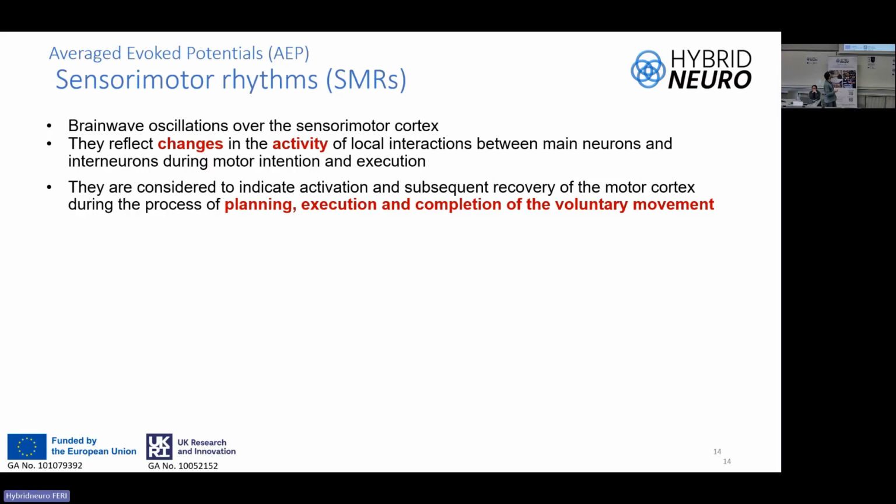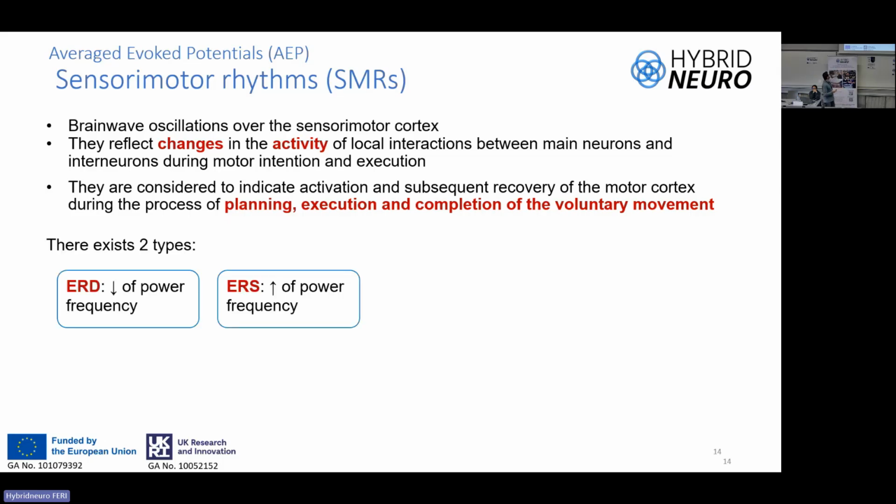Also, we can speak about the sensorimotor rhythms that are related to the BCI, motor execution or motor imagery. In this case, we have two types of sensorimotor rhythms that are mainly known.